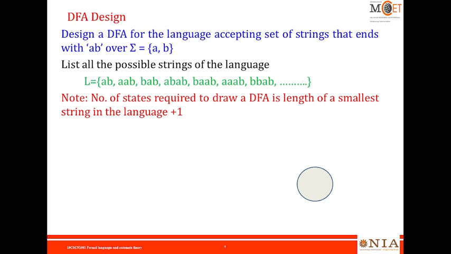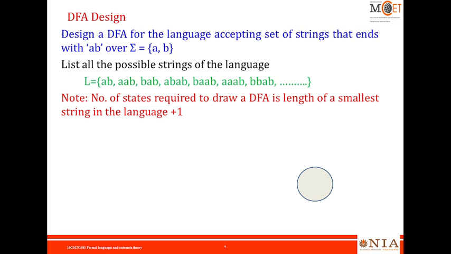So the first string is AB. Then starting with A and ending with AB gives AAB. The third string starts with B and ends with AB, so BAB. Like that we have to generate all possible strings of the language.